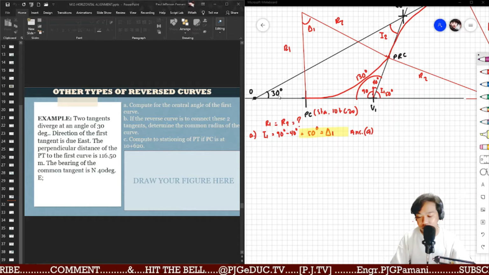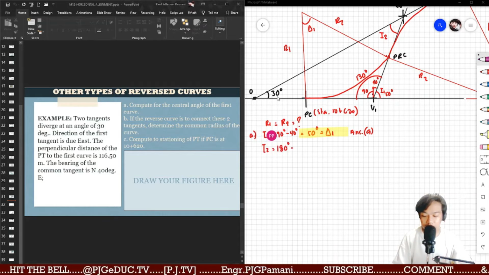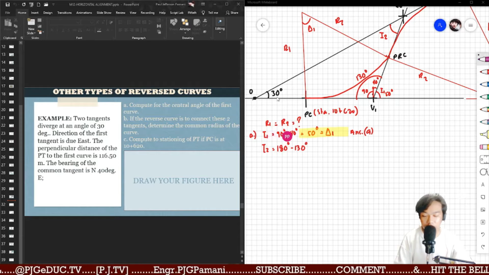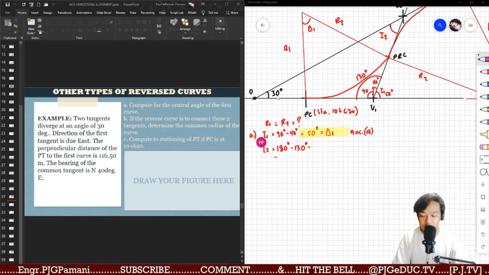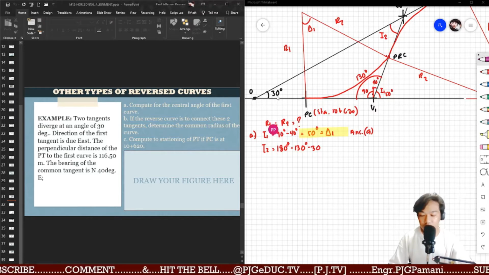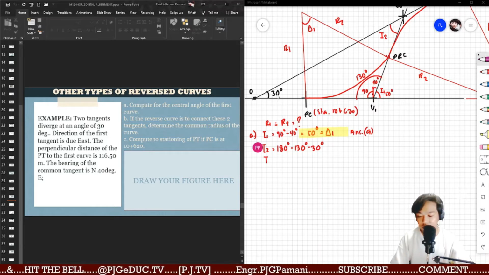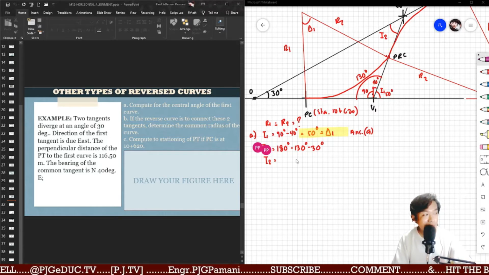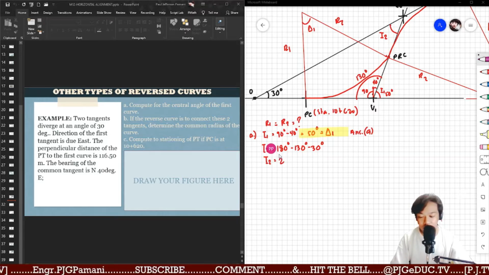So by doing so, I2 is simply equal to 180 degrees minus 130 degrees minus 30 degrees, which leaves us to the angle of intersection for the second curve, 20 degrees.